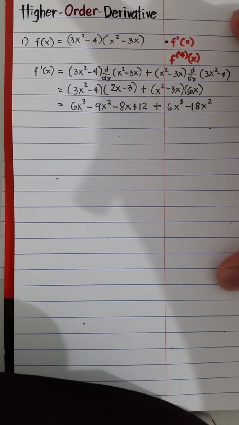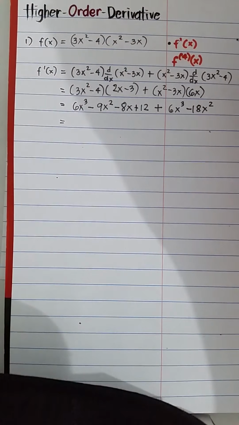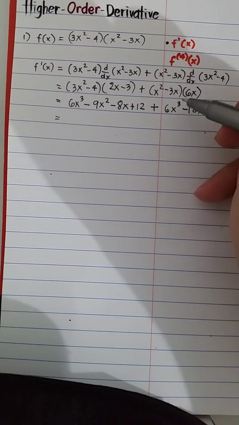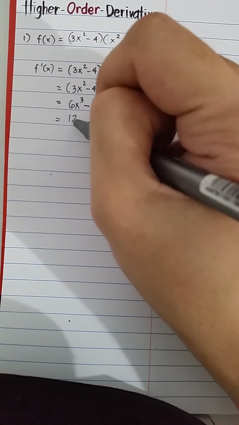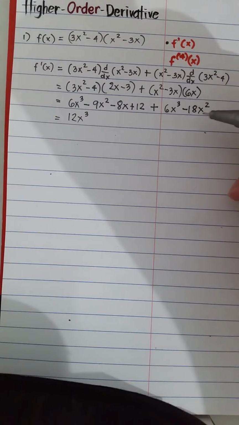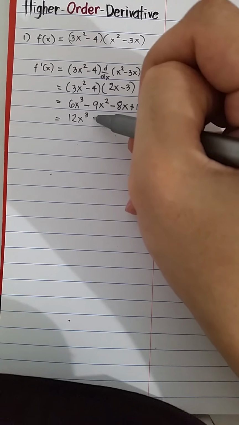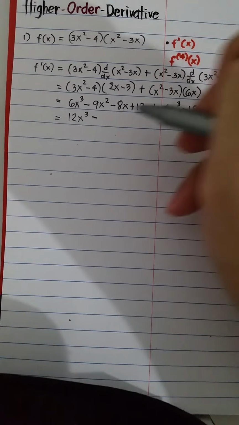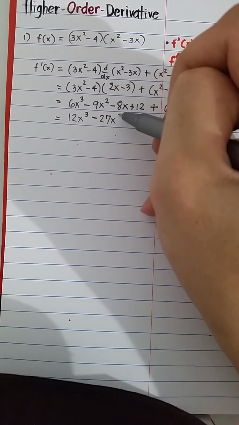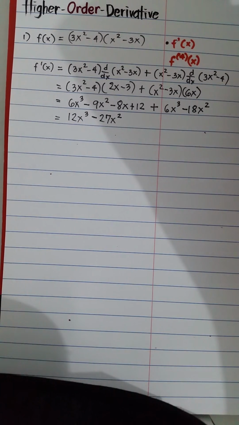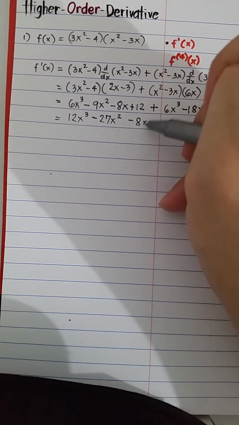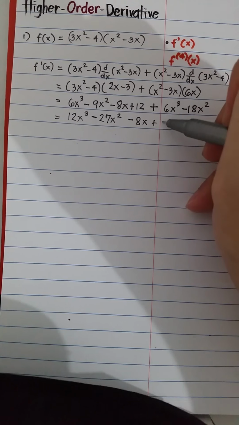Okay, combine similar terms. 6x cubed plus 6x cubed here is 12x cubed, and then we also have negative 9 and negative 18, so that is negative 27x squared, and then followed by negative 8x, and we have a positive 12.